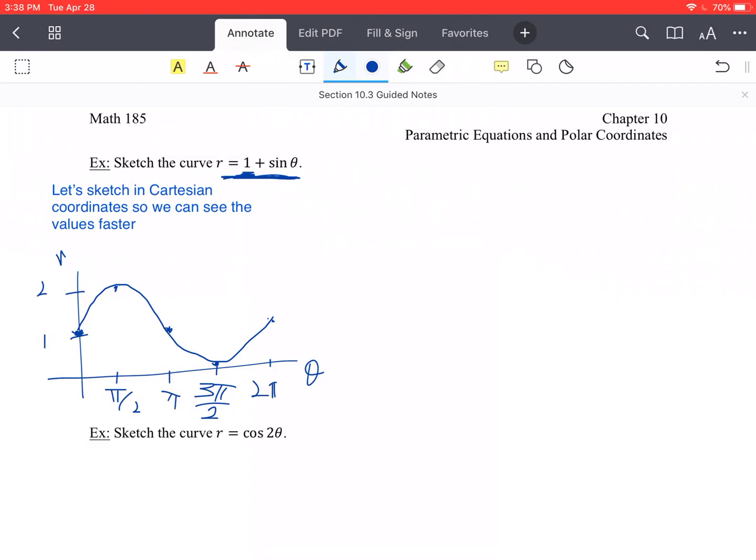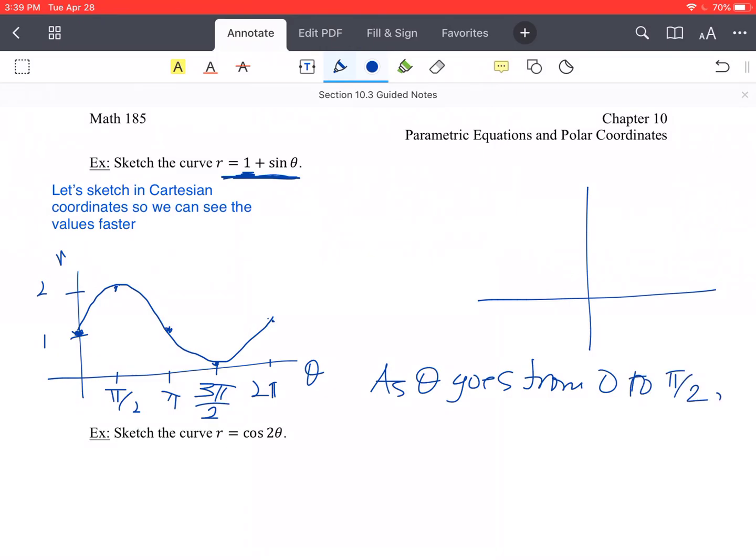So when we're looking at how to sketch this in polar coordinates, do this over here. We need to look at what happens to these different values. To start us off, as theta goes from 0 to pi over 2, what happens to the r value?